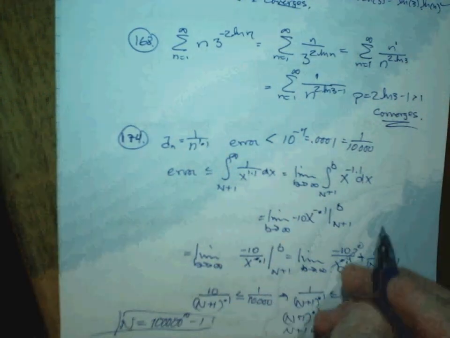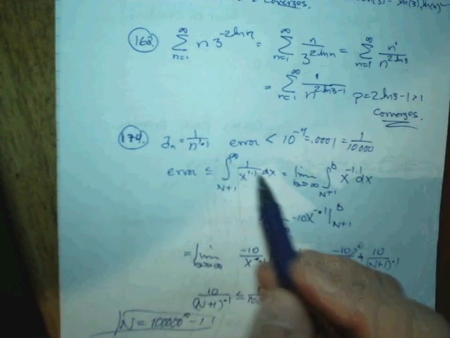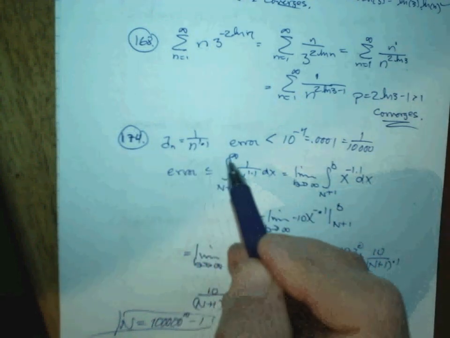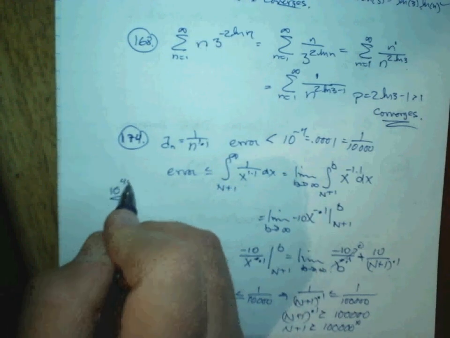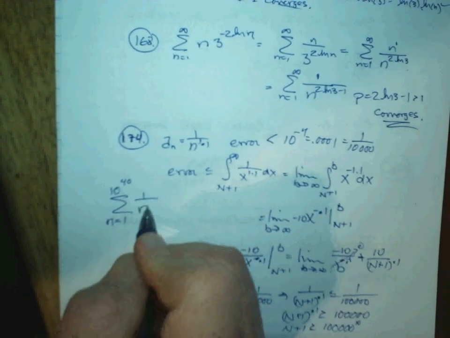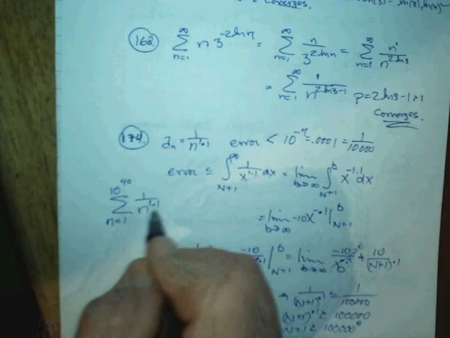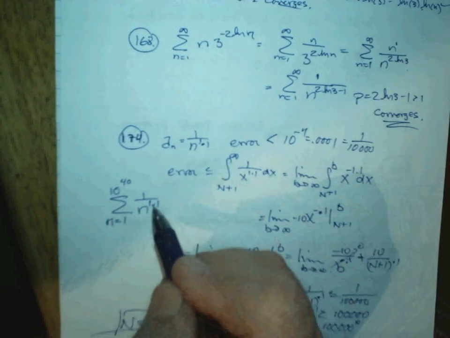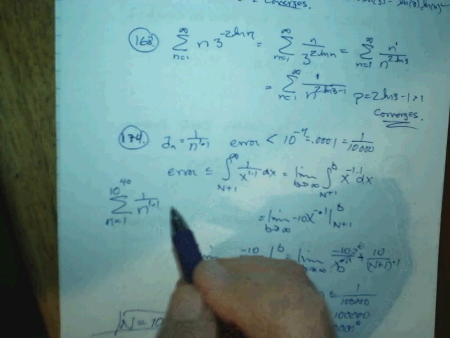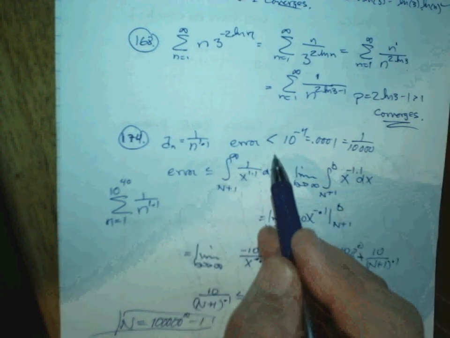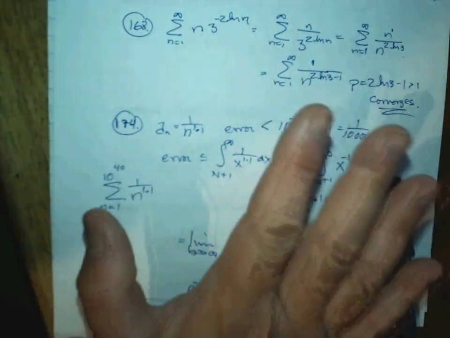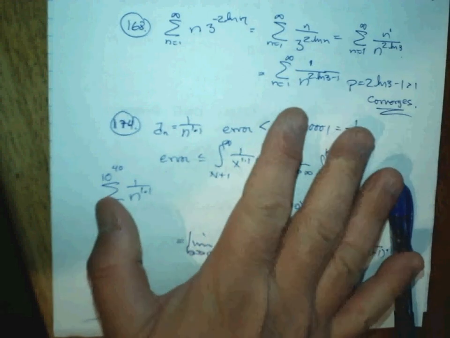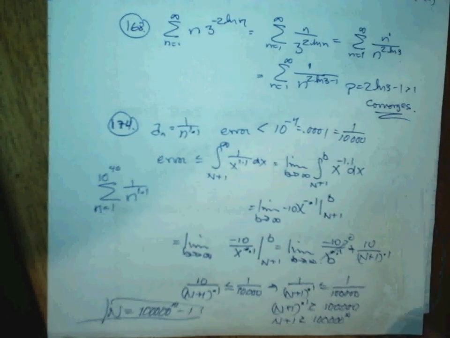N is 100,000 to the 10th power minus 1. That's how many terms you'd have to add up. That's like 10 to the 50th approximately, I think, in order to get the error in this sum, to get this finite sum to be within 1 over 10,000 of the infinite sum. That's what that's saying.